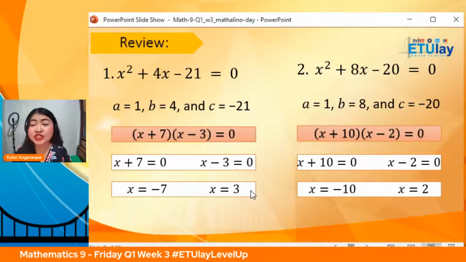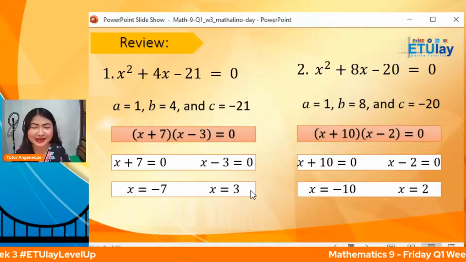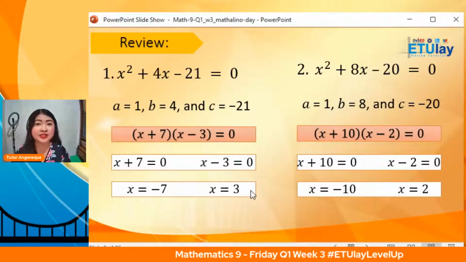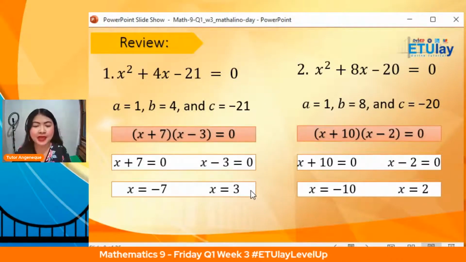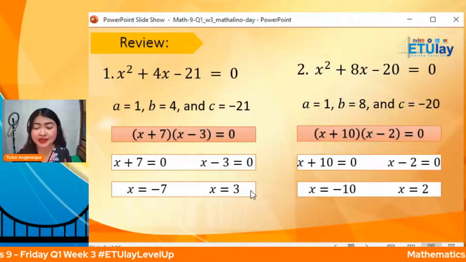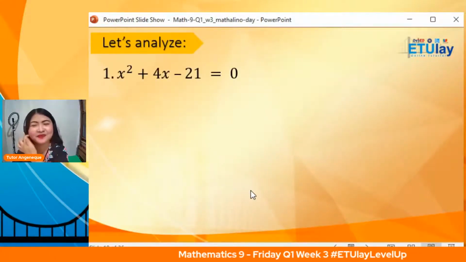So, the solutions are negative 10 and 2. Okay, gusto-gusto ko yung laging in a sentence na sagot ni Alexandra. Yes, you have to answer in a sentence. Alexandra, correct? The solutions are negative 10 and positive 2. Okay. Now, let's try to analyze.